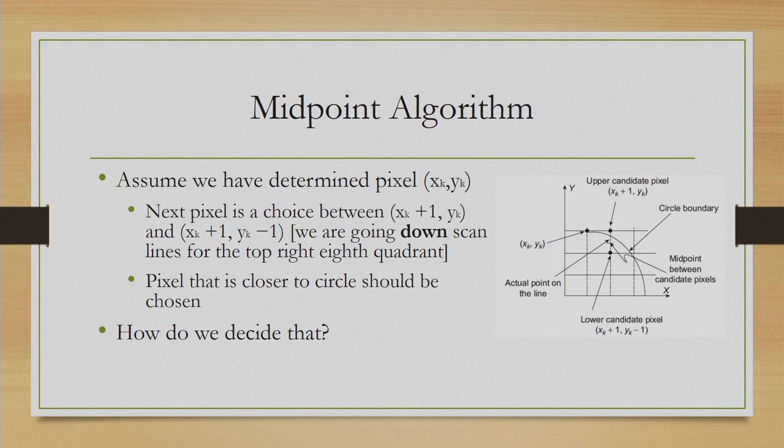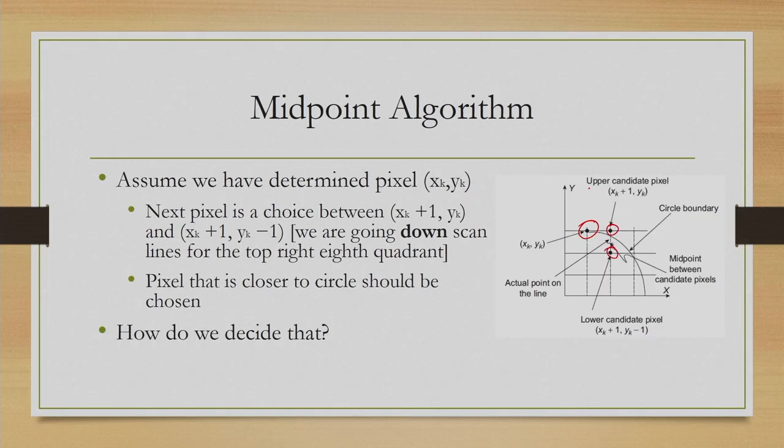Now, let us see how to determine a pixel for a given quadrant. Suppose we have determined a pixel xk yk. Now, this is one quadrant of the circle given. Now, next pixel should be either this one or this one.